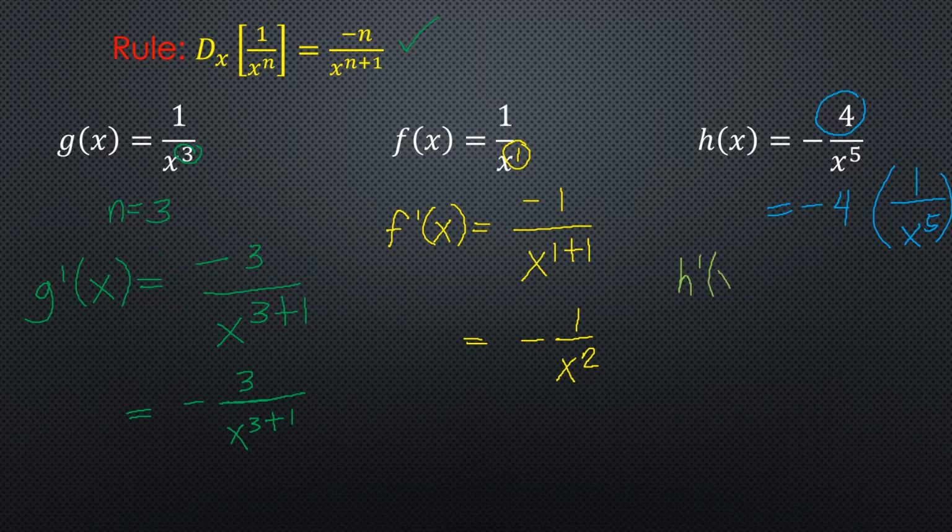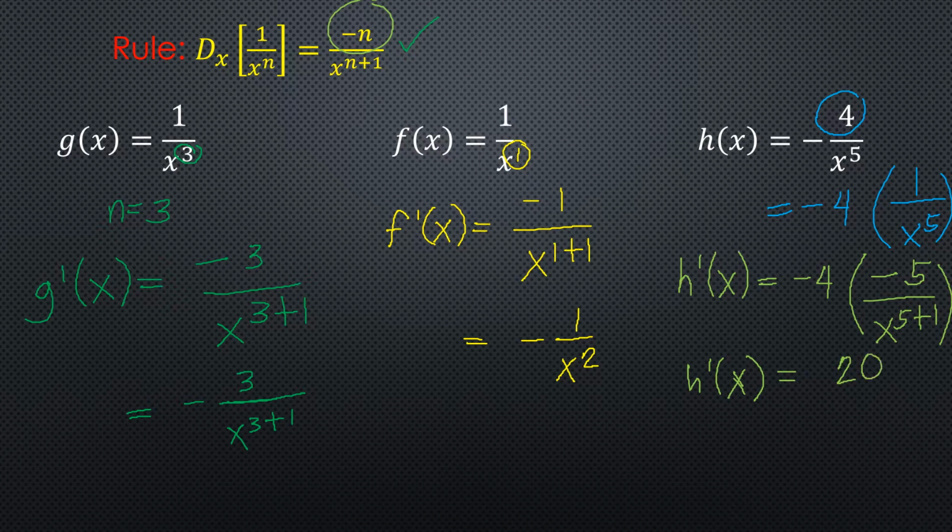So h prime of x will now be negative 4 times the derivative of 1 over x raised to 5, where n is equal to 5, so we have x raised to 5 plus 1 and negative 5 on the numerator, as we follow negative n here. So for h prime of x, combined, negative 4 times negative 5 is positive 20. So we have 20 over x raised to 6. So that is how we get the derivative of these rational functions using the rule.